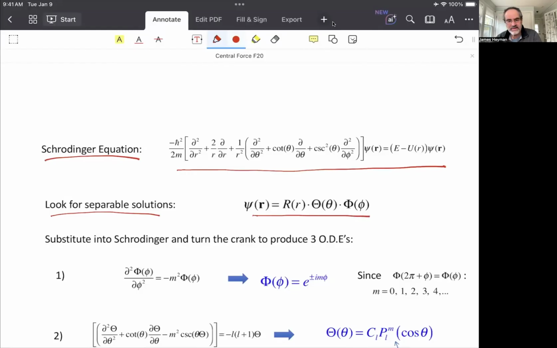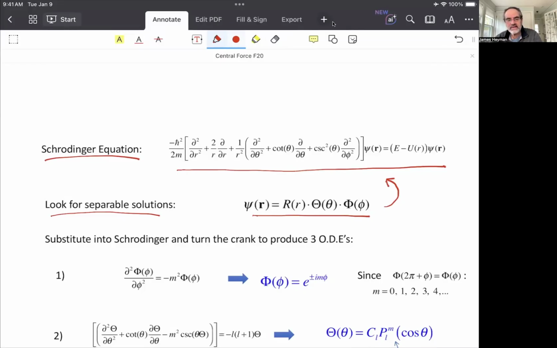That is, we can find energy states where the wave function is the product of one function that depends only on r, we'll call it capital R of r, times another function that depends only on theta, we'll call that capital Theta of theta, and a third function that depends only on phi.